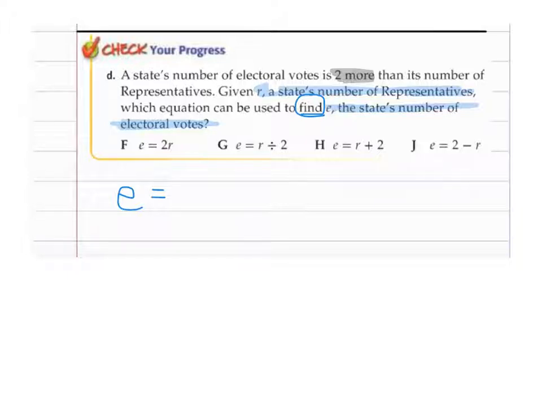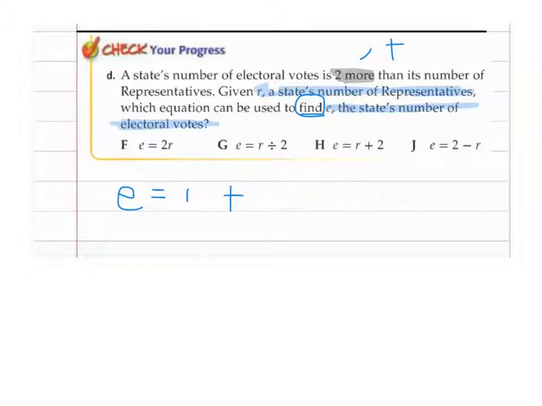And let's look back. What tells us what E is? A state's number of electoral votes is 2 more than its number of representatives. So 2 more tells me we're going to be working with addition. So I'm going to have an addition problem. So I have 2 more than its number of representatives, and R is the state's number of representatives.